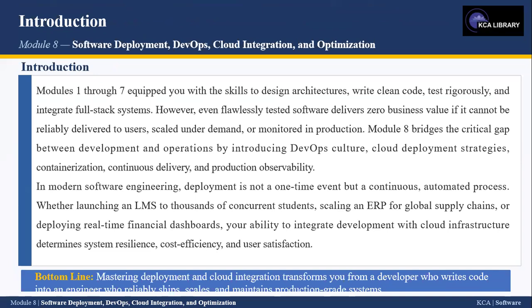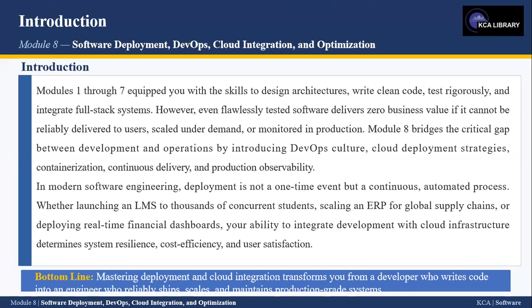Modules 1 through 7 gave you design, back-end, front-end, and testing skills. But professional software engineering requires one more thing: the ability to ship. Whether you are launching an LMS for thousands of concurrent students, scaling an ERP for a global supply chain, or deploying real-time dashboards, your ability to integrate deployment with cloud infrastructure determines system resilience, cost efficiency, and user satisfaction.